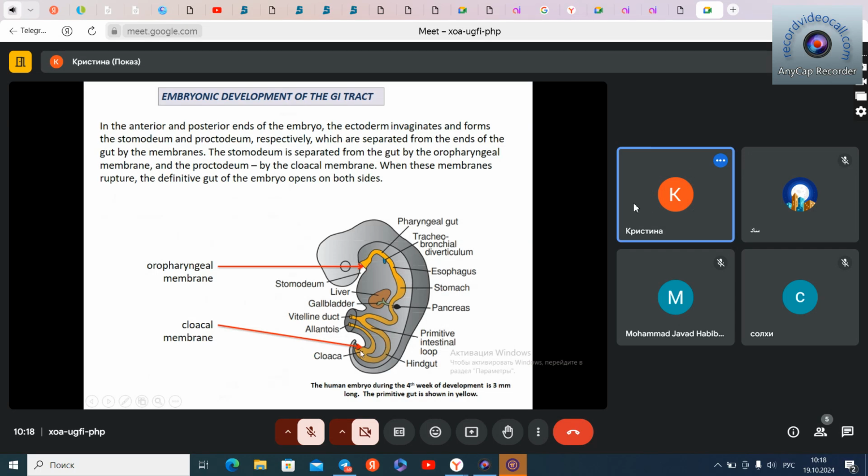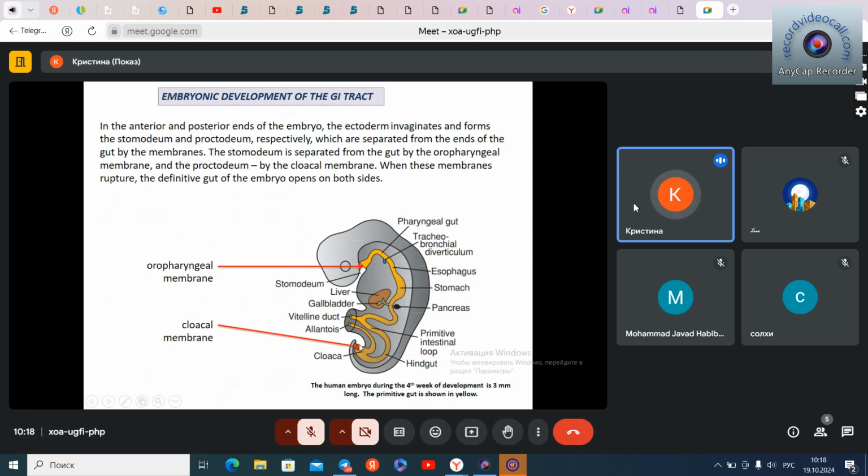This is the primitive gut, and it is separated from the outer environment by the cloacal membrane and the oropharyngeal membrane. The black line here shows the ectoderm, which in the frontal and in the caudal portion of the embryo forms an invagination towards the oropharyngeal and cloacal membrane, and will form the oral cavity in future and the distal portion of the rectum.